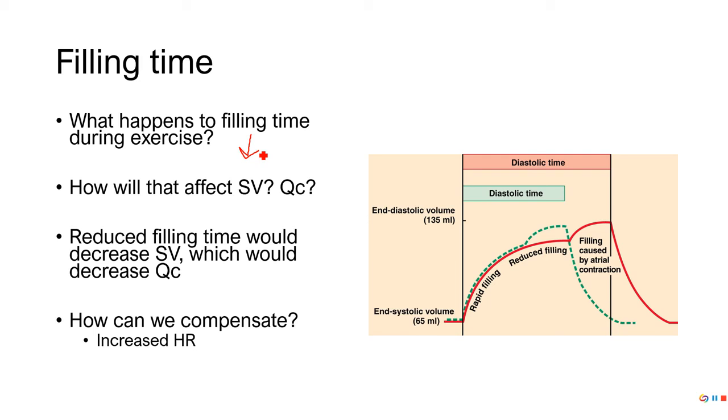Well, I can increase heart rate. The problem is that decreases filling time even more. Okay, so I want you to put that to the side for just a minute, but just remember, increased heart rate leads to a decreased filling time, that will decrease stroke volume. That's not great for exercise.